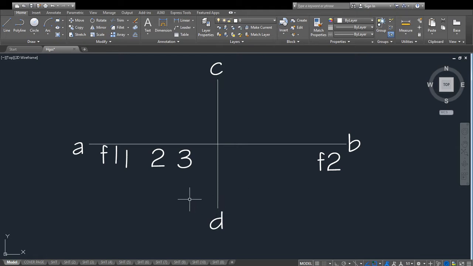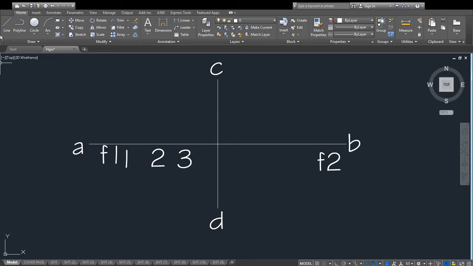So the pin of your compass at A, your pencil at this point, you can see my cursor, this point. Good. The pin of your compass here, your pencil here, you come to this point, the pin of your compass here, and you draw an arc.